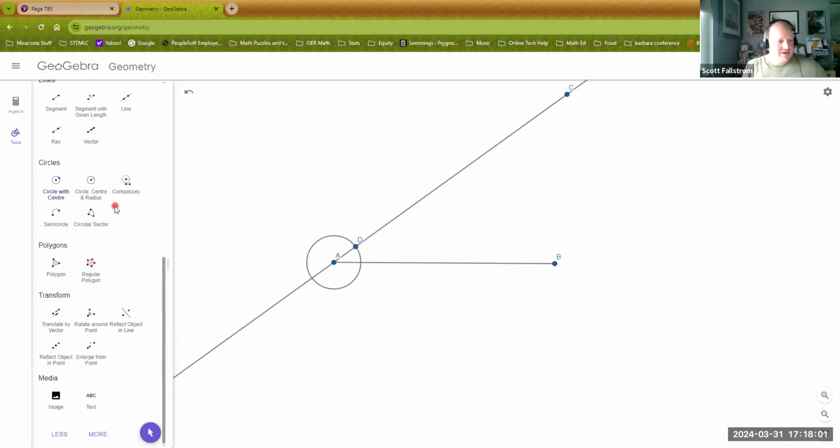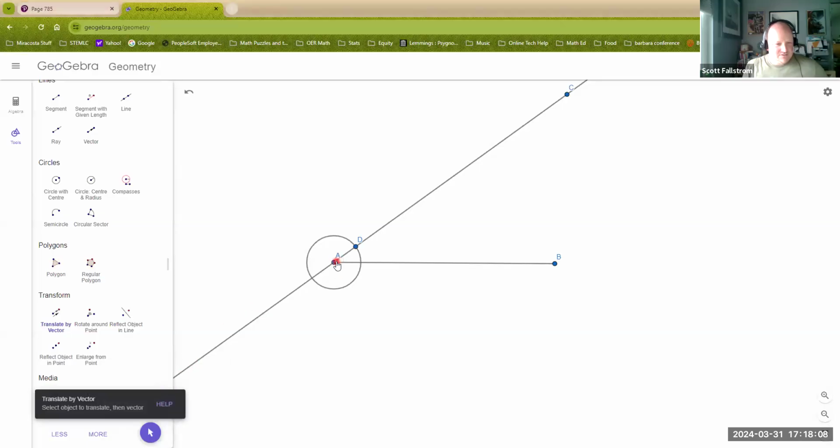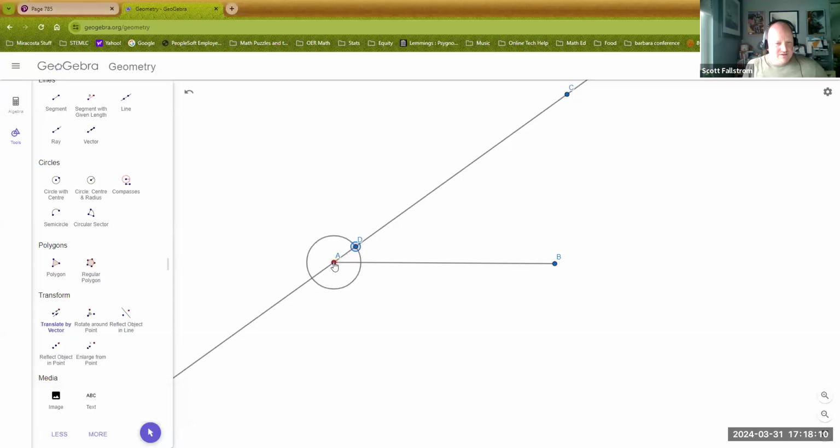And I'm going to go ahead and translate by a vector. Select the object, point D, and then the vector. There we go. Okay. So what I'm doing is that basically I'm saying, take your compass and just kind of tick it off. Use it to make a new point, then make another point, make another point. You do this as many times as you want.